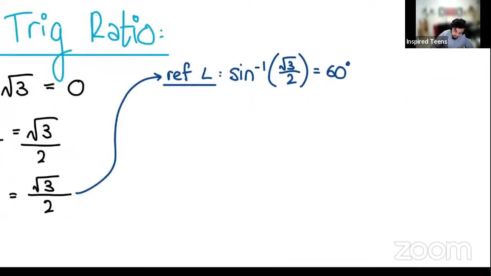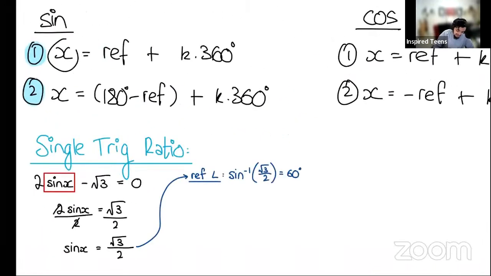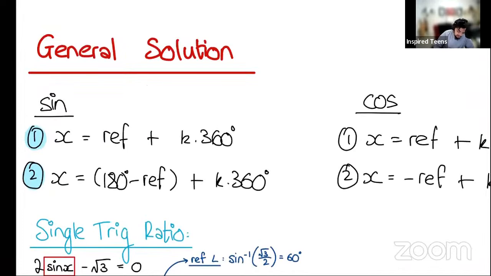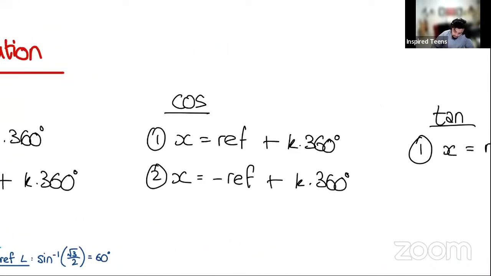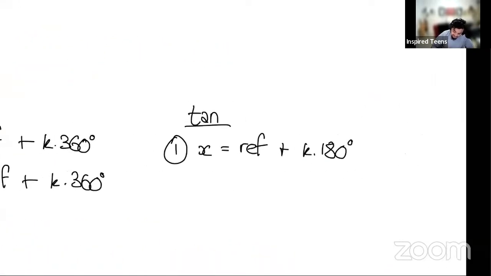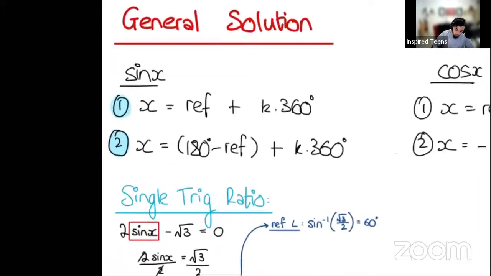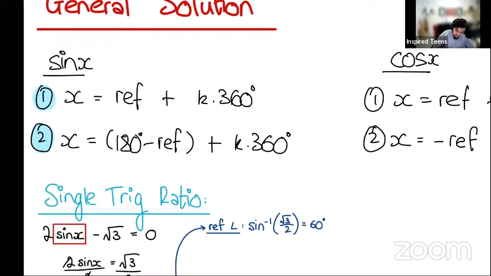By the way, these are the general solutions of sine x, cos x, and tan x. What goes on the left-hand side is the angle of the trigonometric ratio. Whatever angle is attached to that trig function, which in this case is x. So that's why we wrote x on the left-hand side.